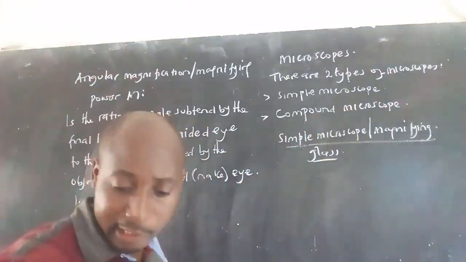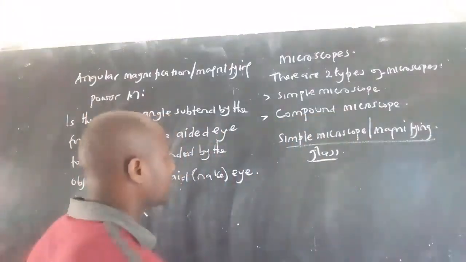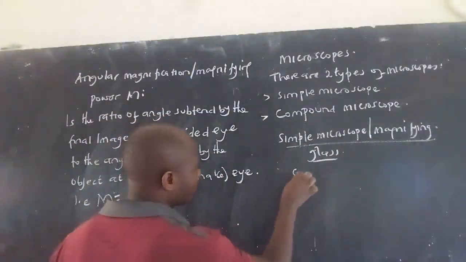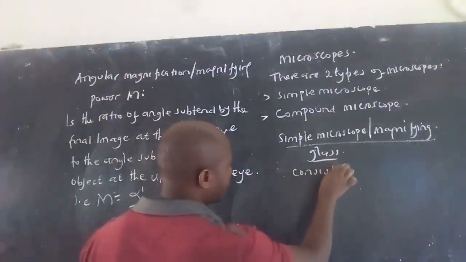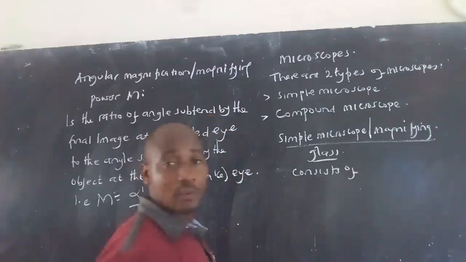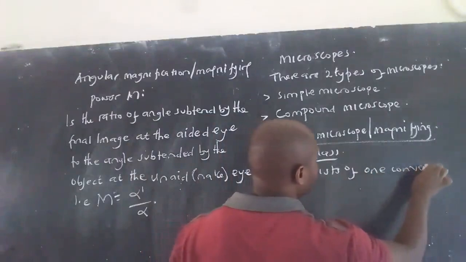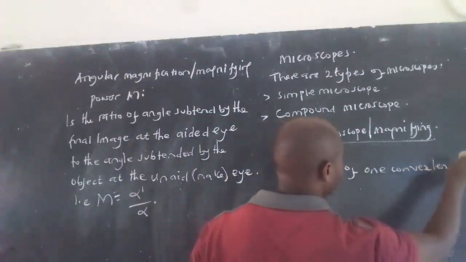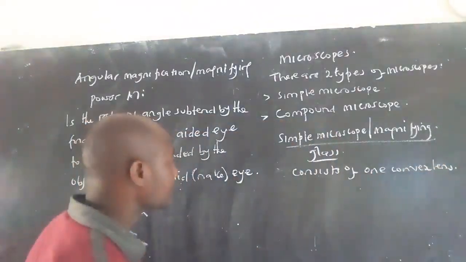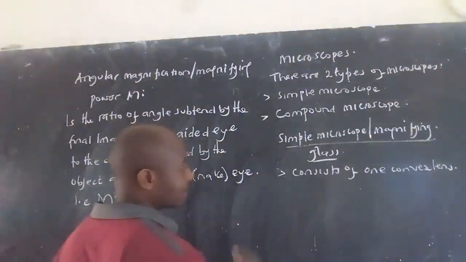Then we shall now explain this one. It consists of one convex lens.